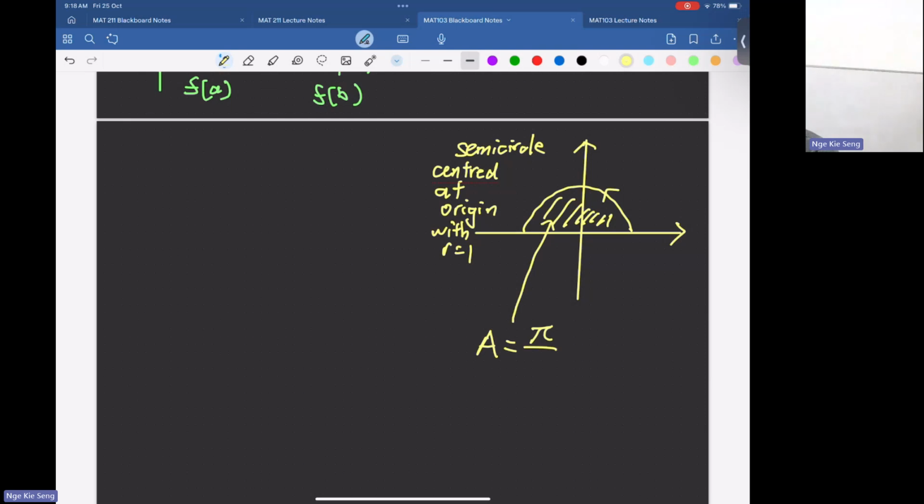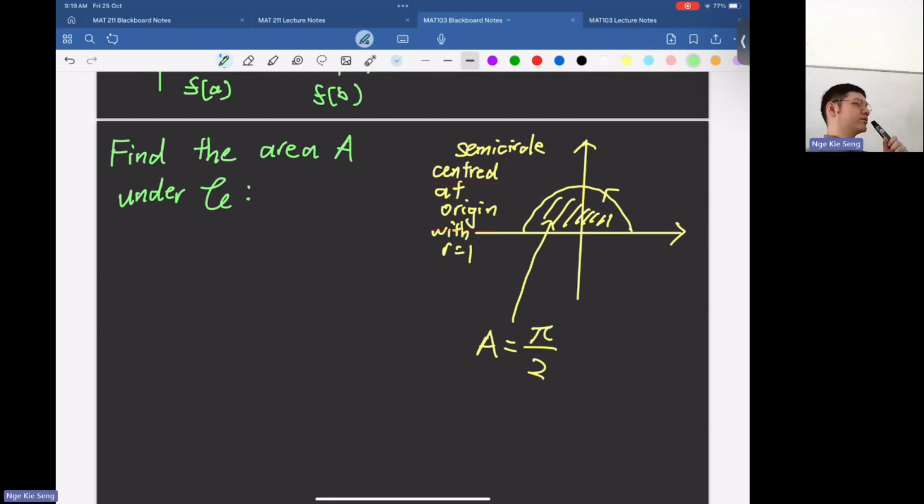So try to use our method just now and see whether we get pi over 2 or not. Let's work it out. Take out your pen or your iPad. How do we parameterize this curve? x equals what? y equals what?